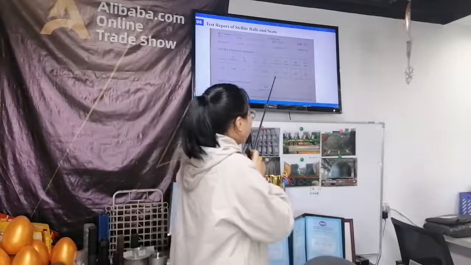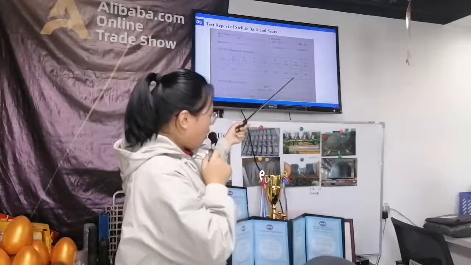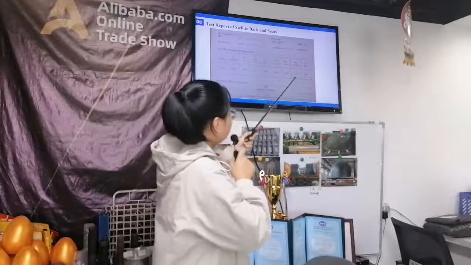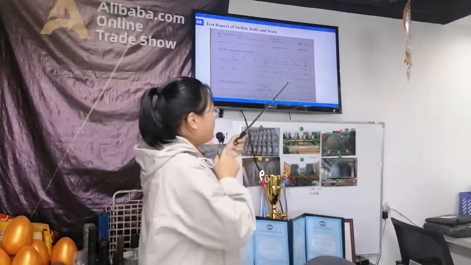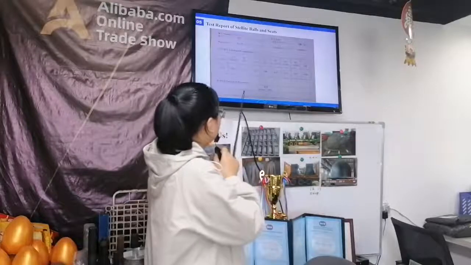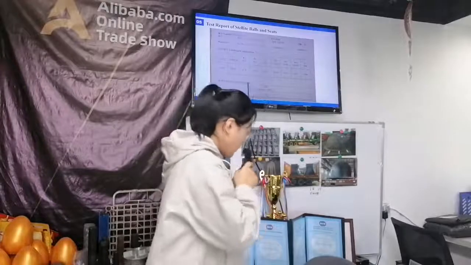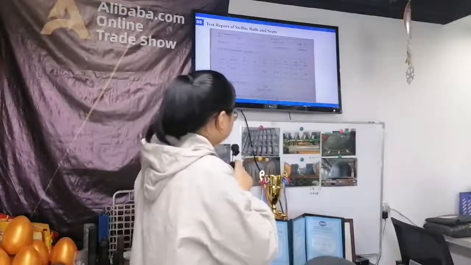For tungsten is 18.1. For manganese is 0.27. And the cobalt is balanced. Physical properties. The hardness is 59 HRC.